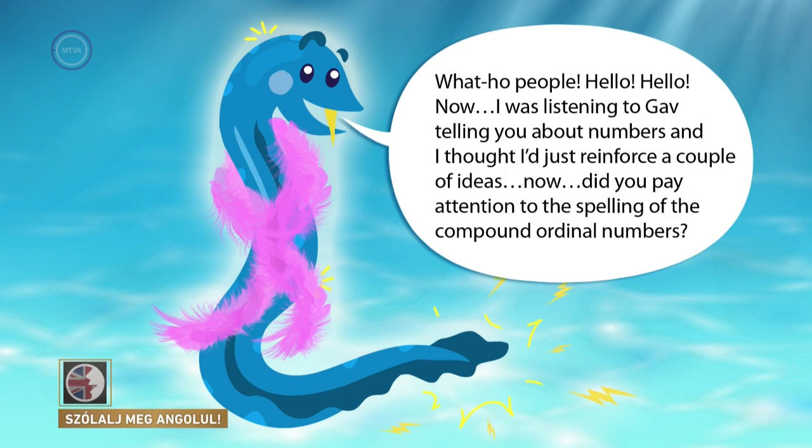Now, one thing we have to be careful about is ordinal numbers which are compound nouns. And here's Enid to tell us all about them. Hello, people. Hello, hello. Now, I was listening to Gav telling you about numbers, and I thought I'd just reinforce a couple of ideas. Now, did you pay attention to the spelling of the compound ordinal numbers?